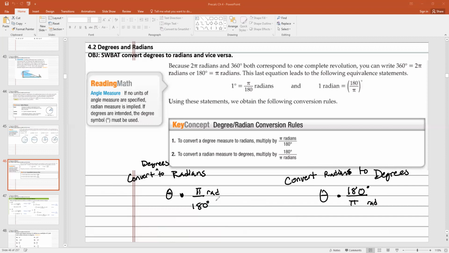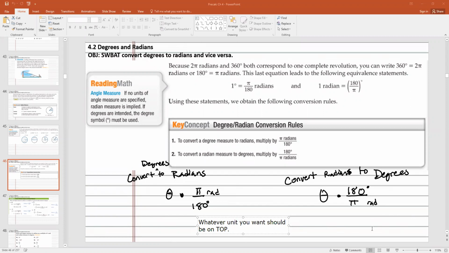And the way I remember this is, whatever you want should be on top. Whatever unit you want, do you want it to be in radians or do you want it to be in degrees? Whatever unit you want should be in the numerator.